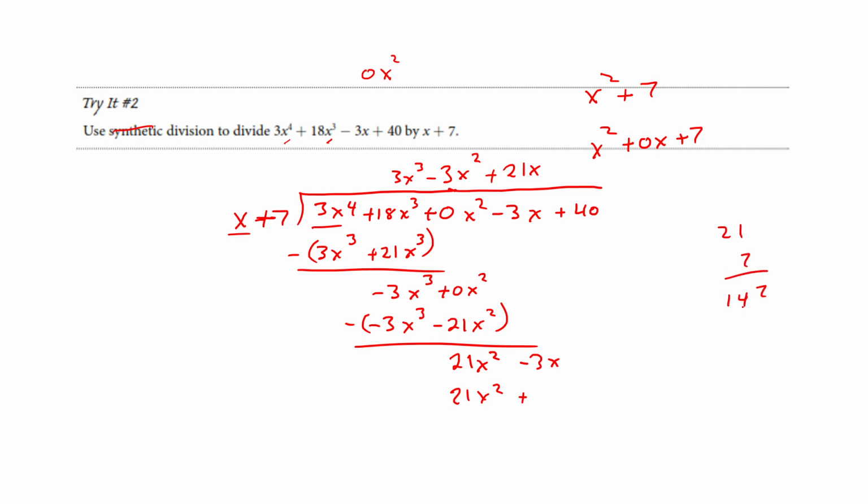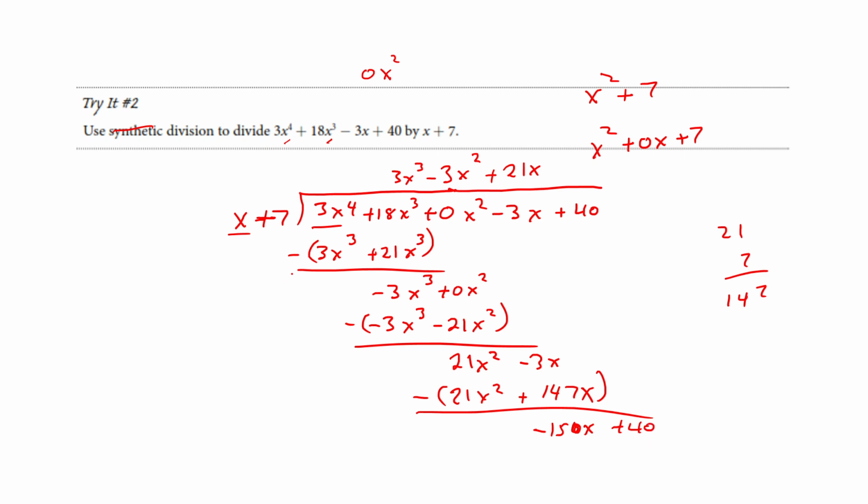Just make sure, 147. Okay, check for leftovers again. What do I have now? Negative 150. My handwriting is terrible. Negative 150x. We're going to bring down that 40.